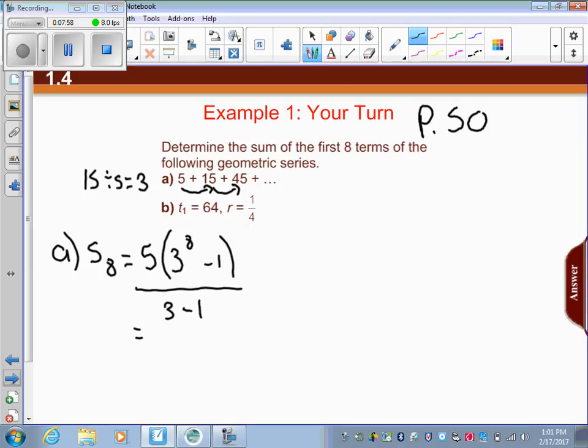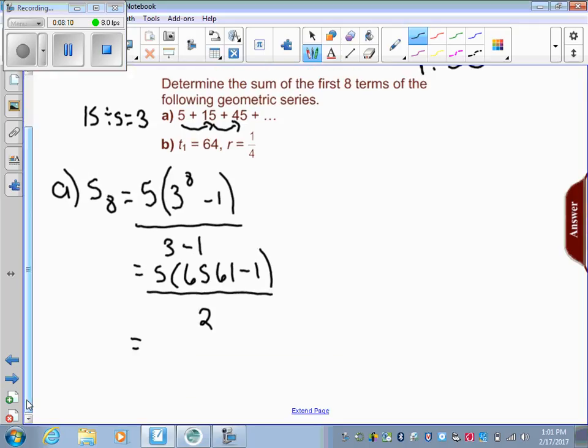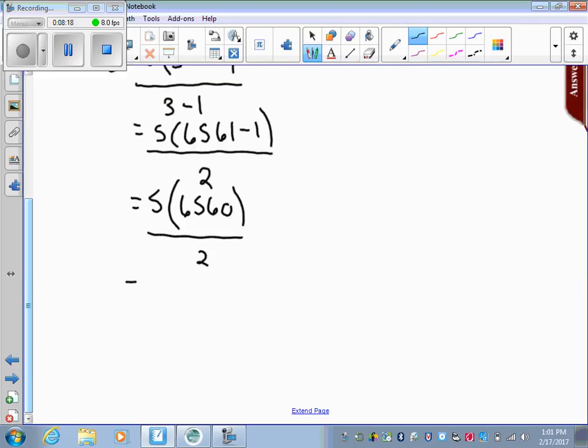And do up the math. 6,561, subtract 1, all over 2. Keep simplifying. And then multiply. 5 times 6,560, 32,800 divided by 2 gives me 16,400.